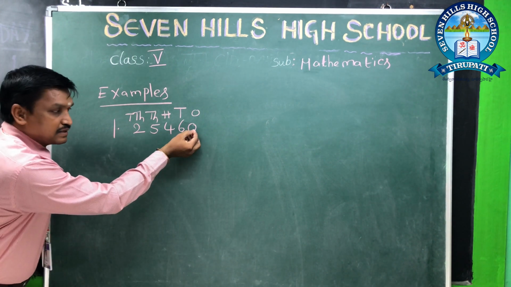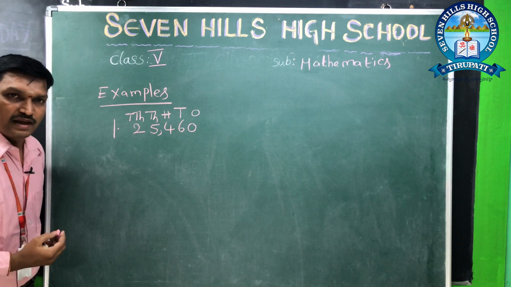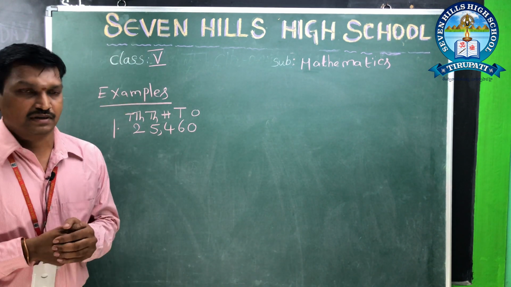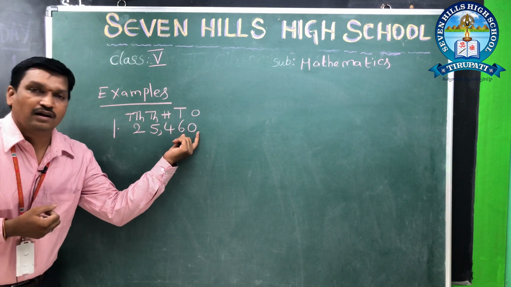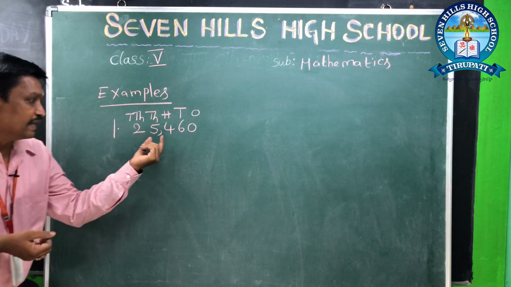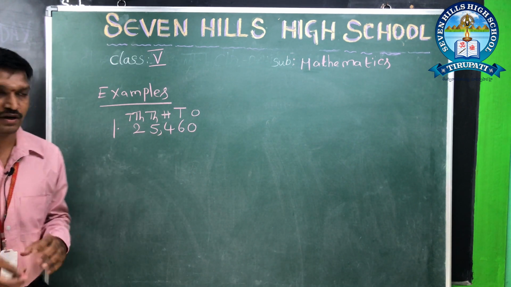In the Indian system, we separate any number first up to the hundreds place. Next, for every two digits we put a comma.